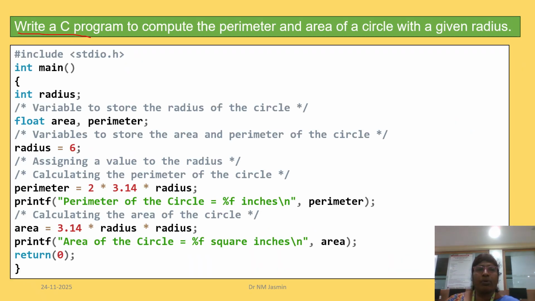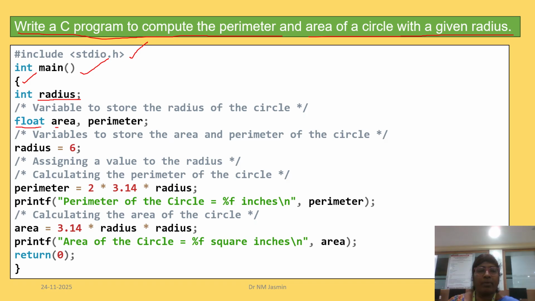Next, write a C program to compute the perimeter and area of the circle with a given radius. First take the header file, main function of the C program, and start with the execution curly bracket. First initialize the radius, and store the radius of the circle here by having this float.